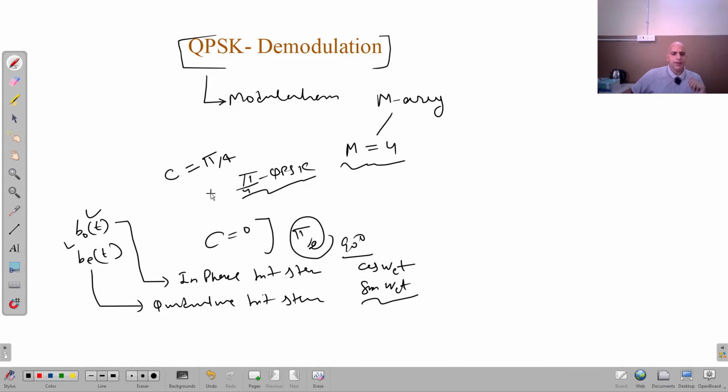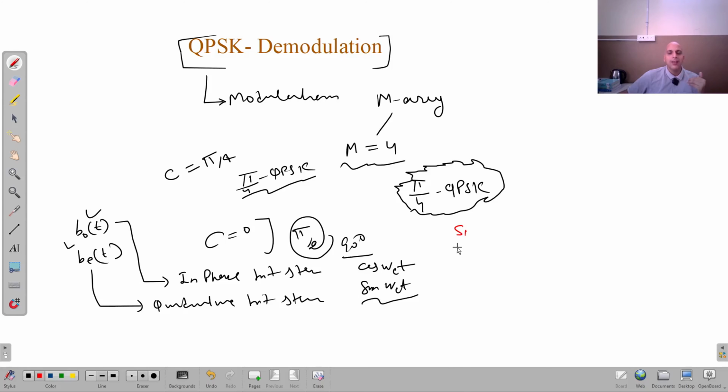We also know that particularly in the case of pi by 4 QPSK, I have discussed it in detail in that lecture, because it is usually asked in examinations and it is important among the two QPSK techniques, conventional and pi by 4. In pi by 4 QPSK we have different symbols.